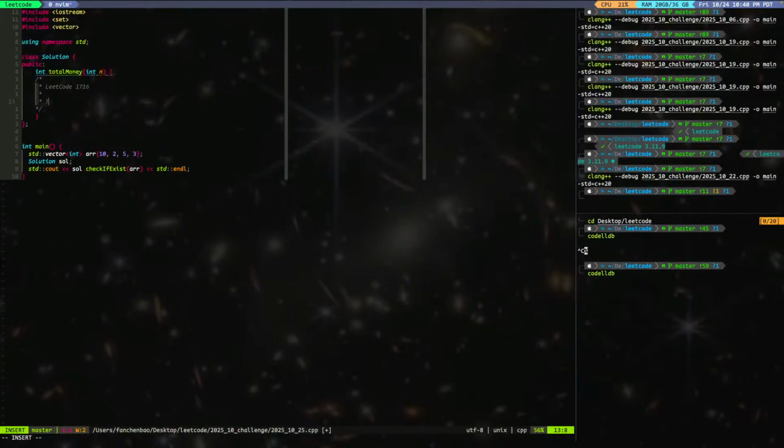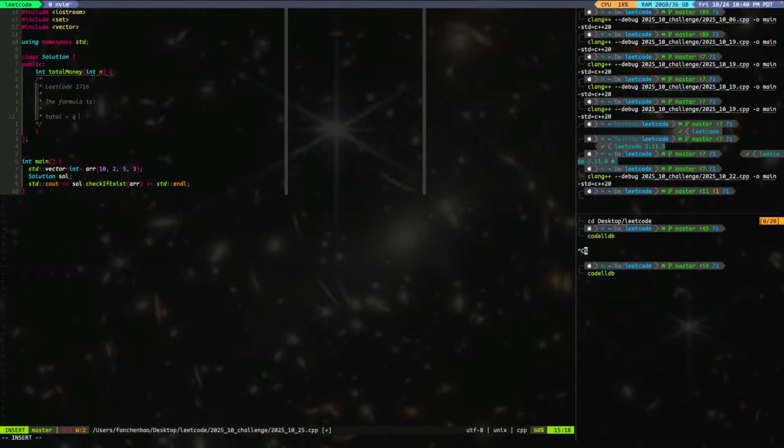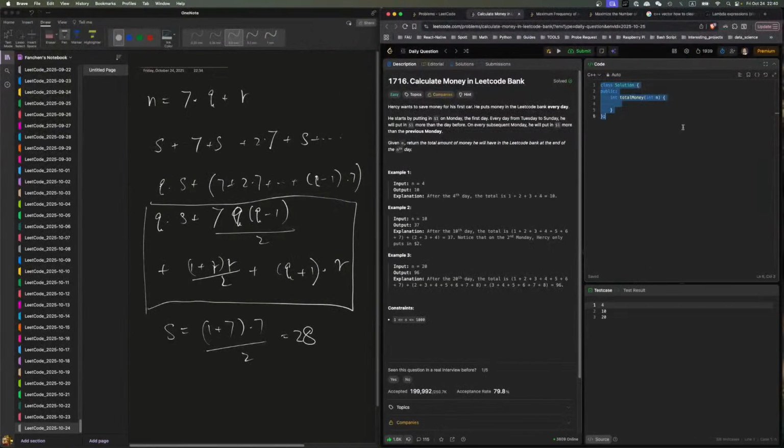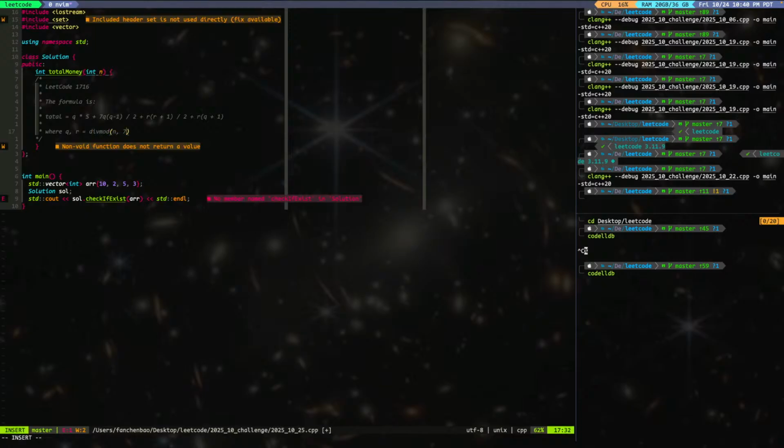The formula is q times s plus 7 times (q minus 1) divided by 2, plus r times (r plus 1) divided by 2, plus r times (q plus 1), where q and r equal n divmod 7, and s equal to 1 plus 2 up to 7, which is 28.